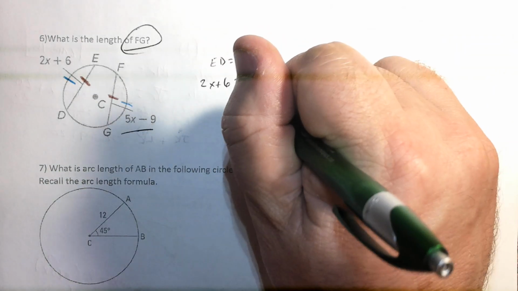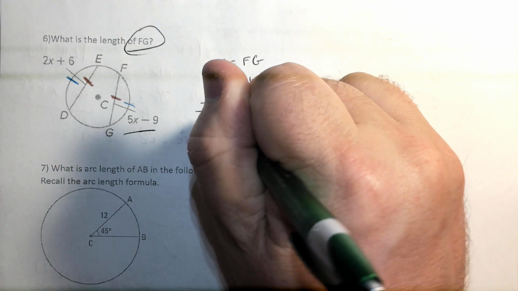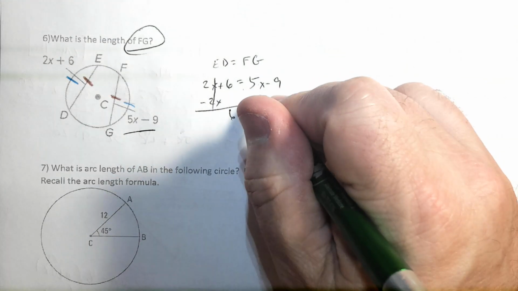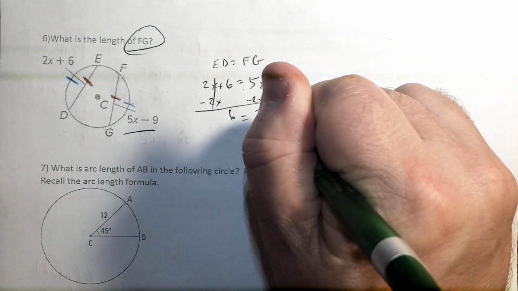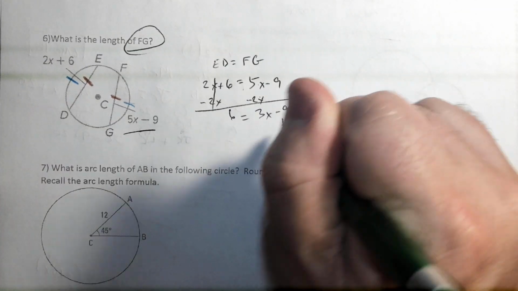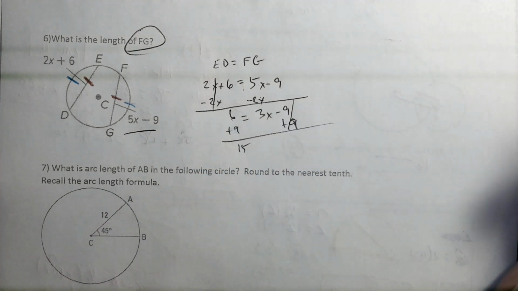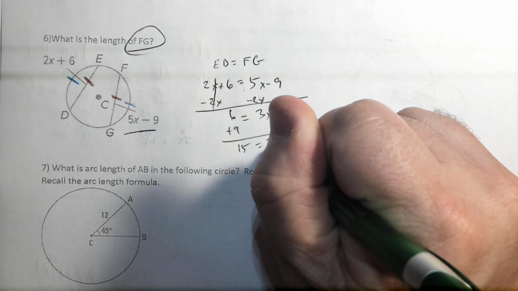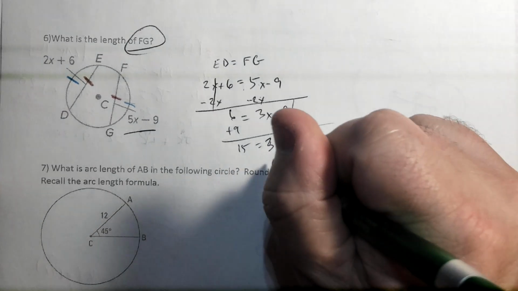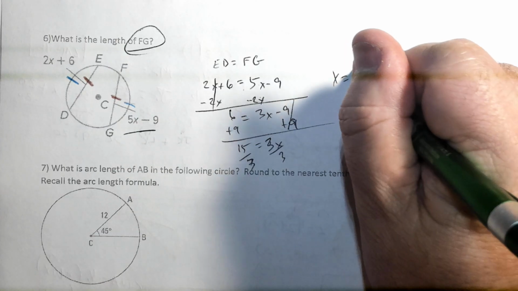All right, 2x is my smaller, so I'm going to subtract it from both sides. Those cancel. We got 6. 5x minus 2x is 3x minus 9. Okay, I'm going to add the 9 to both sides. Cancel out. 9 plus 6 is 15. It's equal to 3x. We divide both sides by 3, and x equals 5.